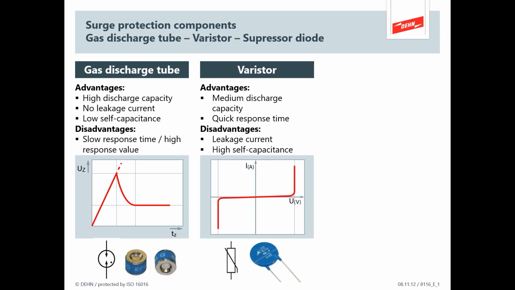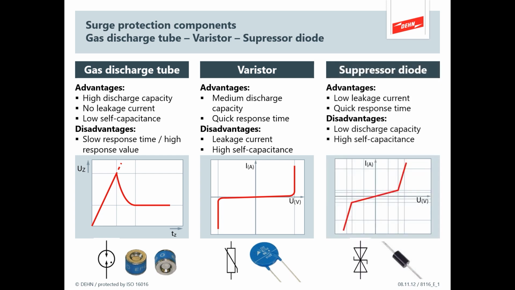The varistor, very common device, especially in the mains voltage, but again they're very handy in the data line type of SPD. Medium discharge capacity, very quick response time, but there is a leakage current. That's why you can't use these on a TT system, because of the leakage current, where you can get nuisance tripping or a very dangerous situation. And then finally we've got suppressor diodes.